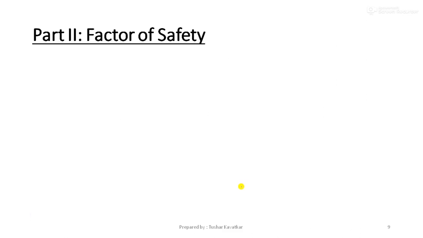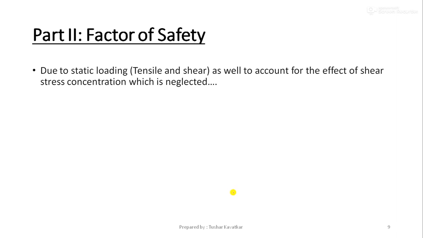Now we have already understood the factor of safety, and how to select it, and the different factors involved. Here we are designing for static loading. I have already explained in the videos what static loading and dynamic loading are.